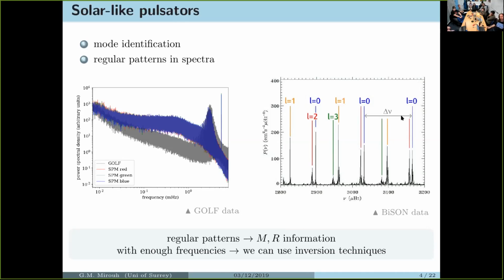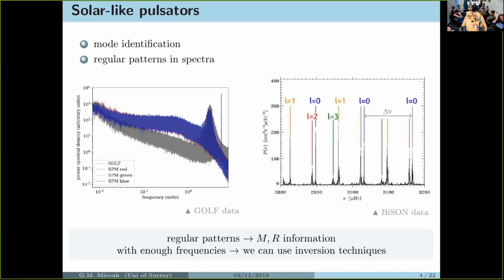That's the distance between two peaks with the same L and consecutive N, so consecutive radial orders but the same number of nodal lines, in this case radial modes. This delta nu is called the large separation. Nu max is called the frequency at maximum amplitude. Basically, both of them are related to the mean density of the star or granulation properties, and from that you can derive mass and radii with some percent precision.